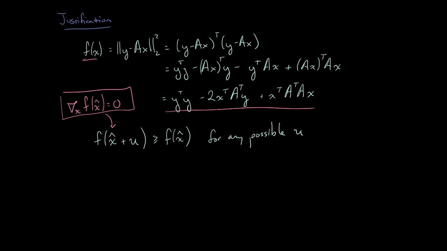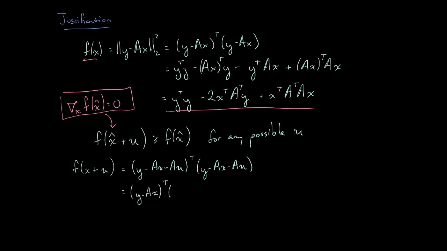To do this, all we have to do is use the fact that we established above, but now instead of applying it to x, we're going to apply it to x plus u. If we keep the y minus Ax terms together and expand those out, we have (y minus Ax) transpose (y minus Ax). Then in the middle we have these cross terms, and then we have Au transpose times Au.